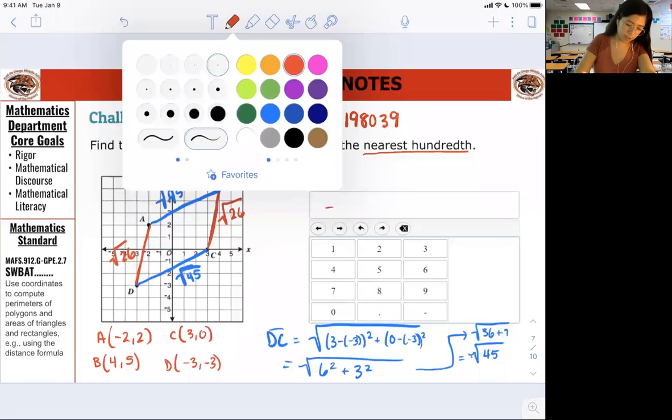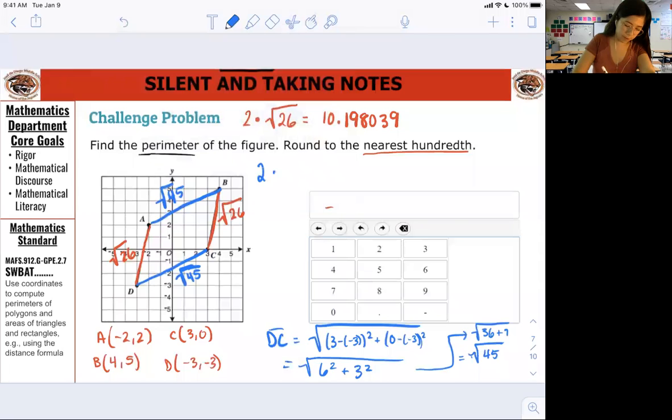We're going to do the same thing with the square root of 45. So first, take the square root of 45. You should get this really, really long number. Keep it there. Don't touch anything. And multiply it by 2.